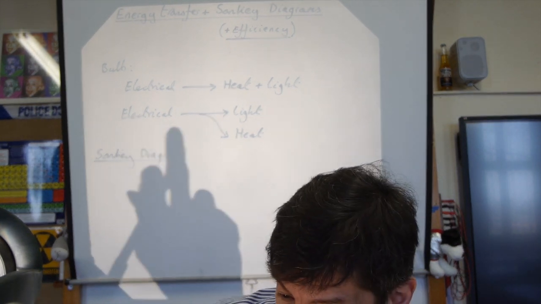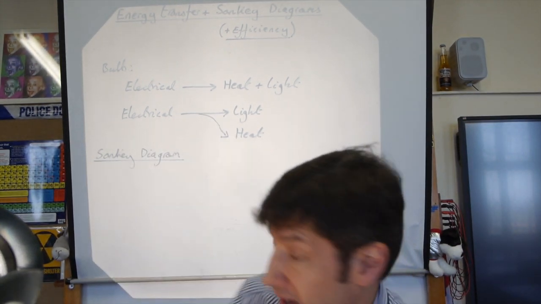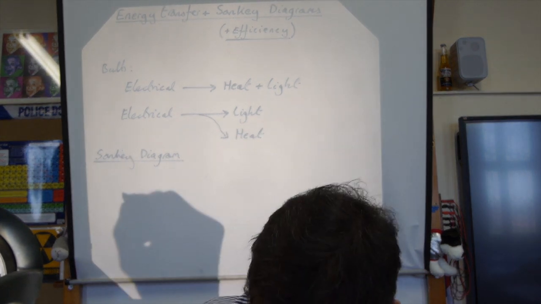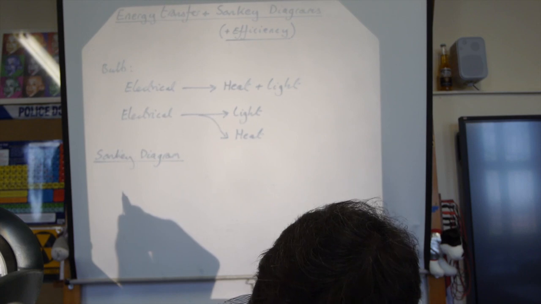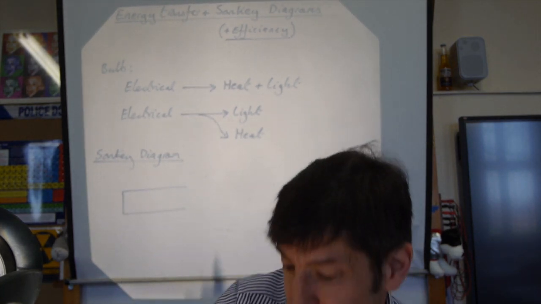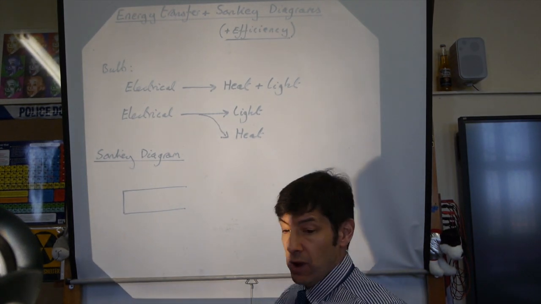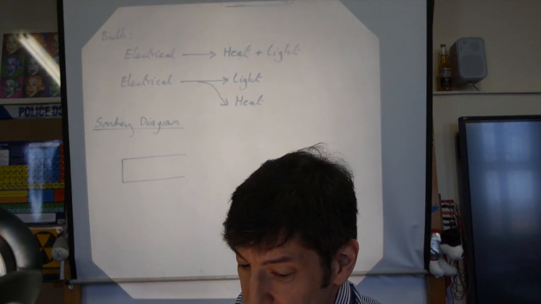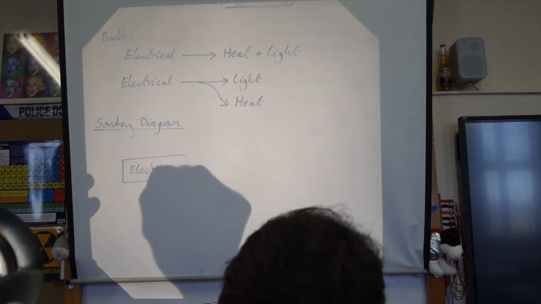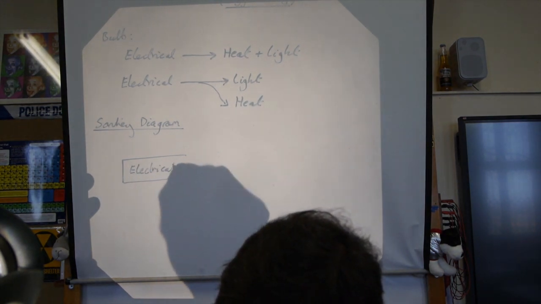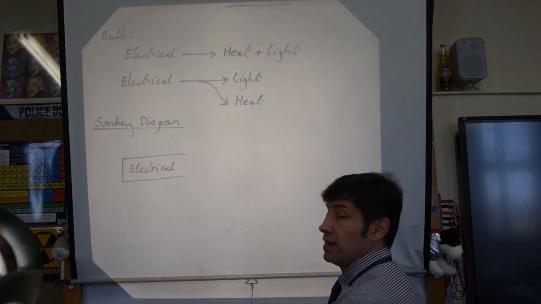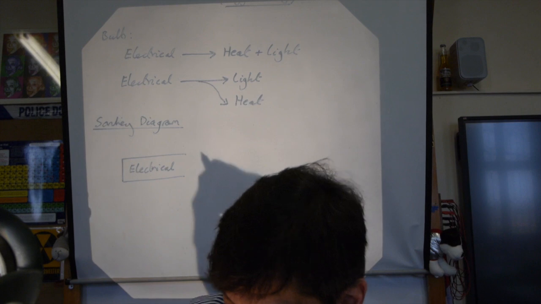I'm going to change these arrows here to having some thickness, and the thickness is sort of representative of the amount of energy that we've got going into the system. Okay, so we'll make that line the electrical energy coming in to the lamp, and it's going to split up into heat and light, 2 arrows.